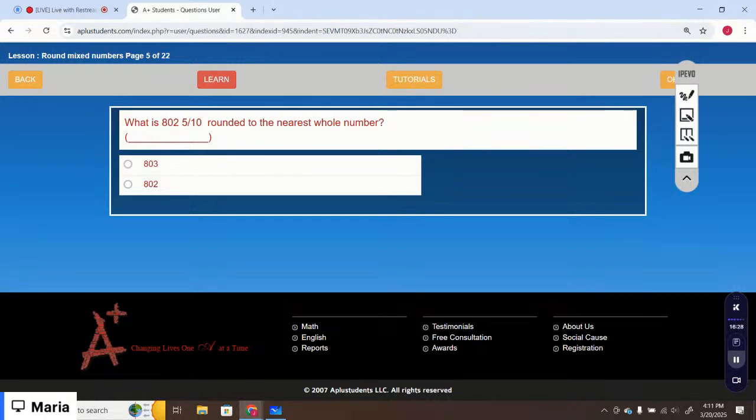What is 802 whole 5 by 10 rounded to nearest whole number? So which is the correct option?